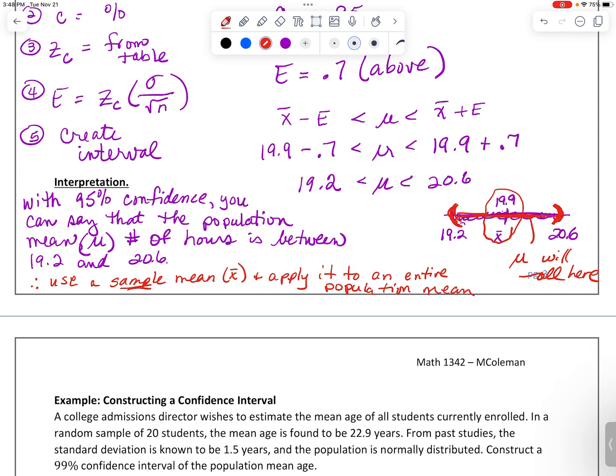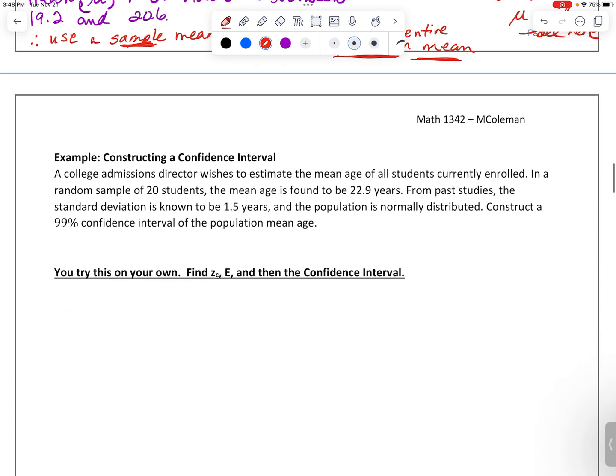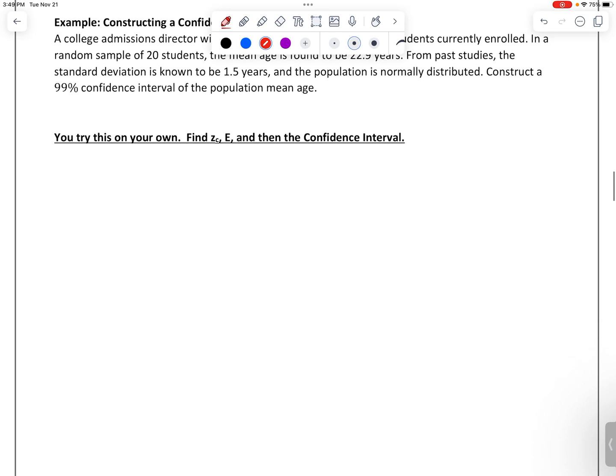So that's huge. We're taking a very small sample of only 40 students, and we're going to compare that and have that apply to the entire population. So it's a small number of items, a small sample, and it's going to be able to be applied to the entire population. All right, so I'm going to stop here at this example, and I'm going to leave it blank for you to try on your own.